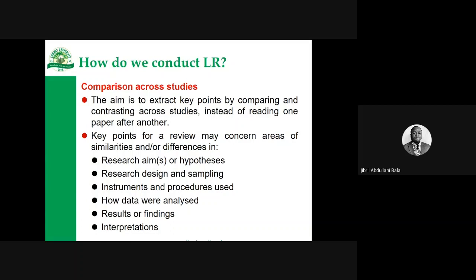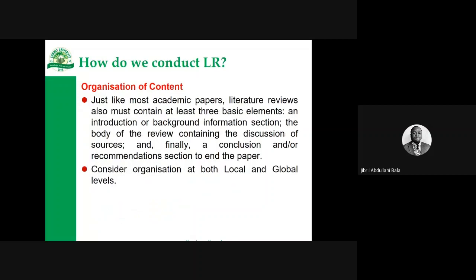So you have to understand the trend across the topics, how they carried out their own research, so that your research also can follow a similar trend and form a basis for comparing and showing that, okay, your own is better, or in some cases not better.